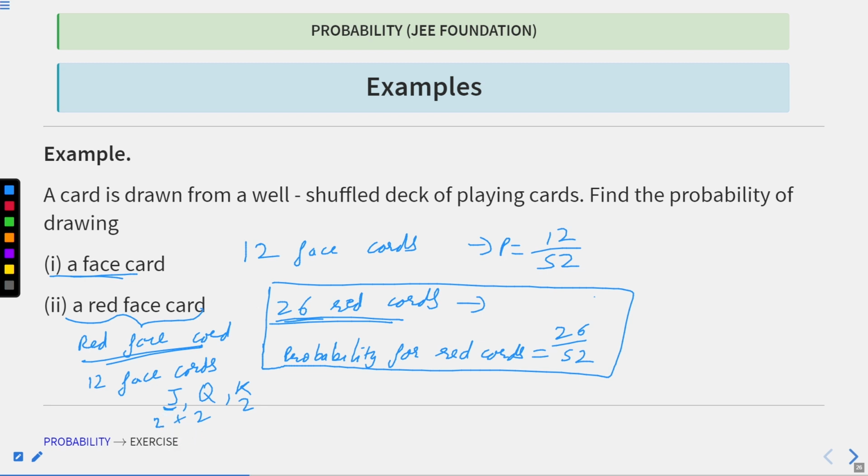So 2 plus 2 plus 2 equals 6. In total I am getting 6 red face cards. Let me give the details.